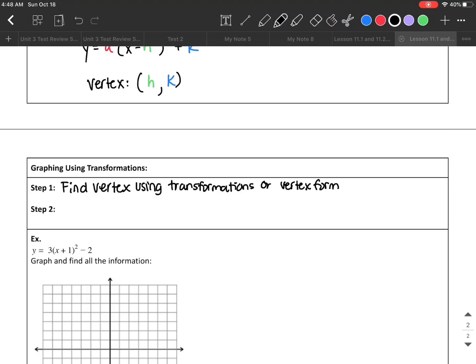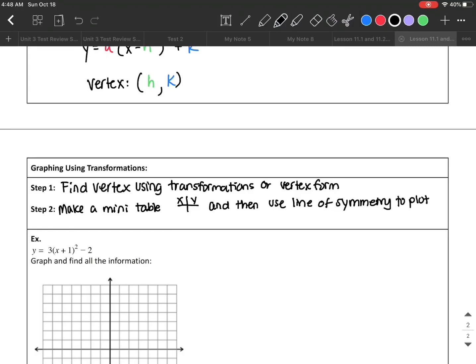The second step is I'm going to make a mini table, a little mini XY table, and then I'm going to use the line of symmetry, which I know goes through the vertex, to plot the other side of the parabola.